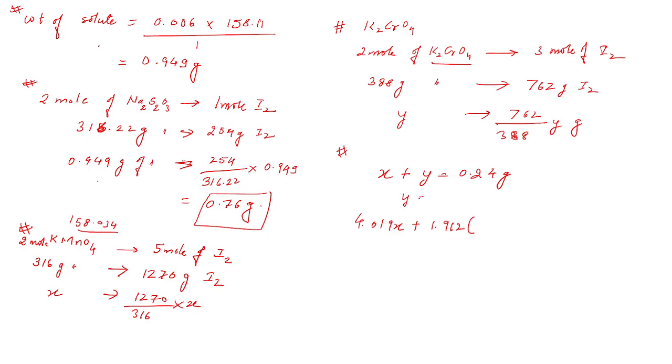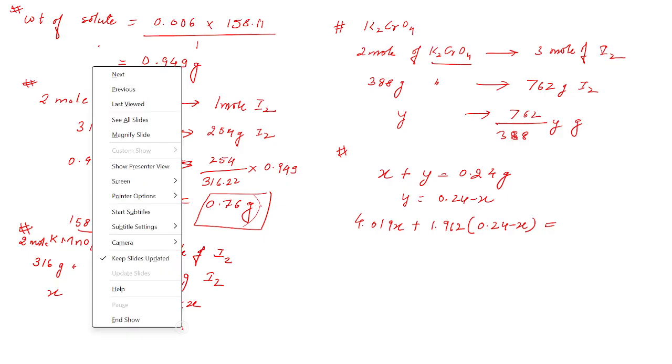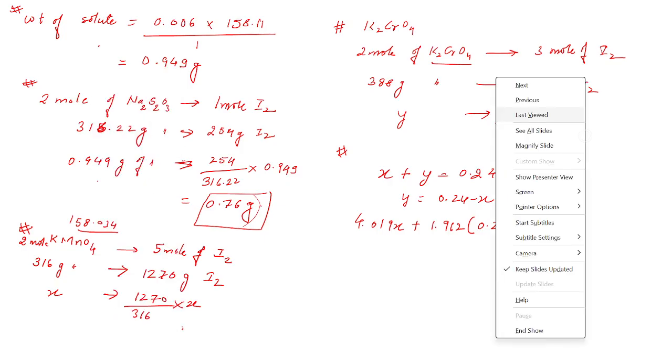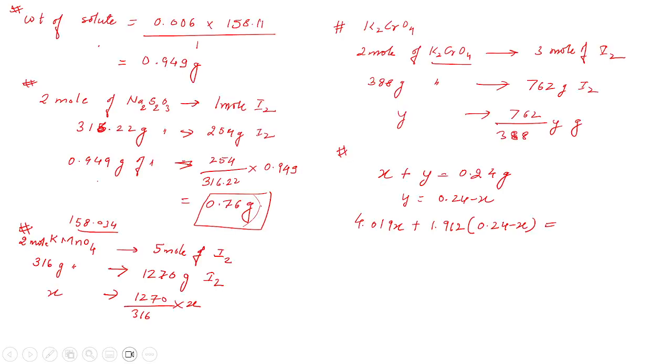I'm taking here y is equal to 0.24 minus x. So 0.24 minus x is equal to how much total iodine we have, because this is going to give you this gram of iodine, and we already know that we have 0.76 gram of iodine.